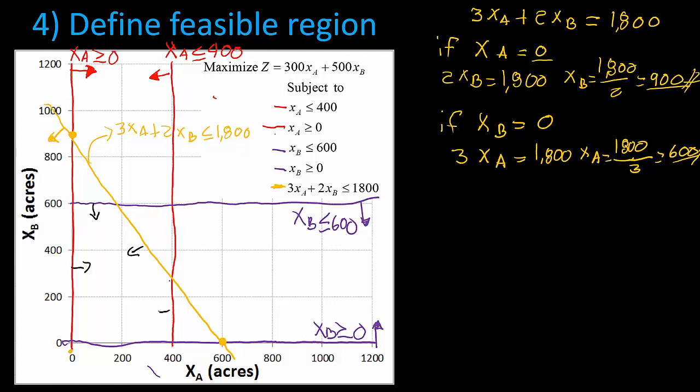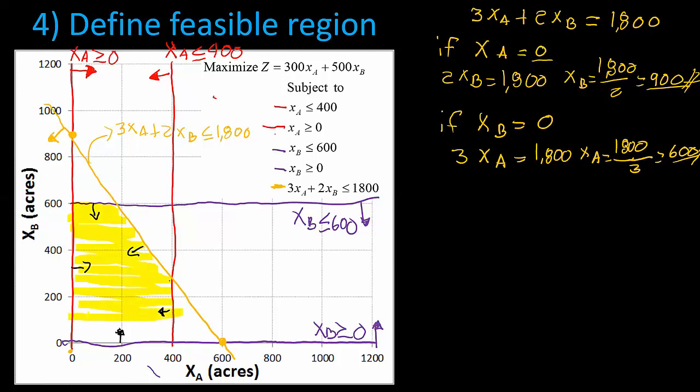So this is when things are feasible. What this is telling us is that this region that we're seeing here is the region where the solutions to our constraints actually occur.